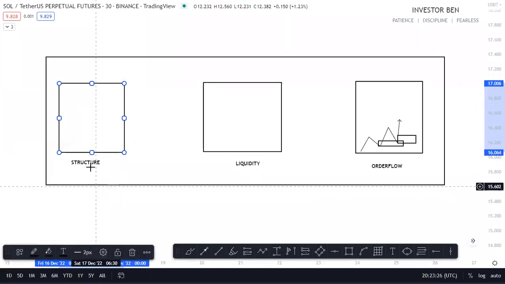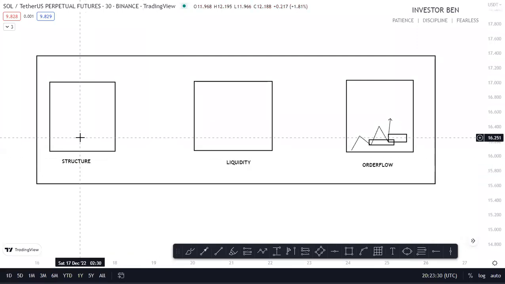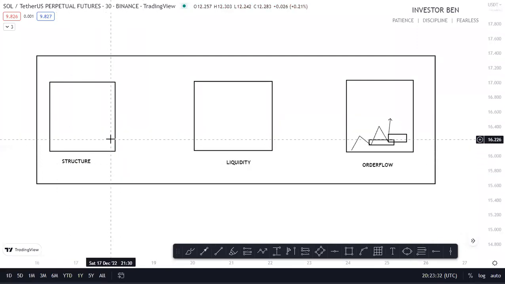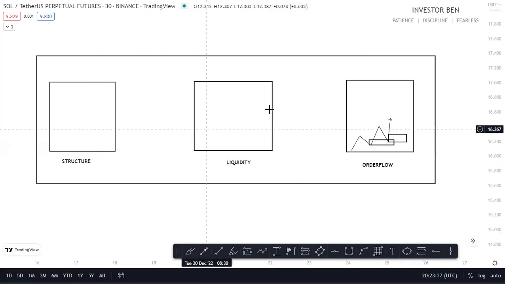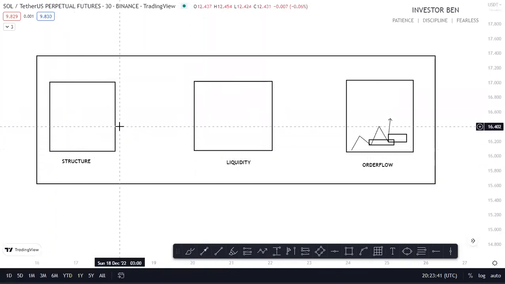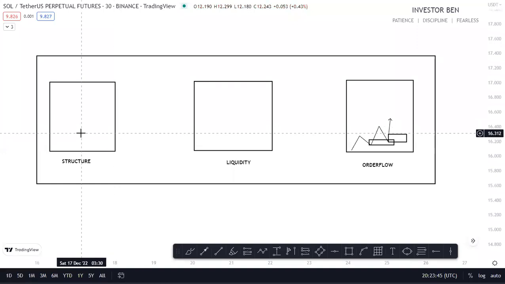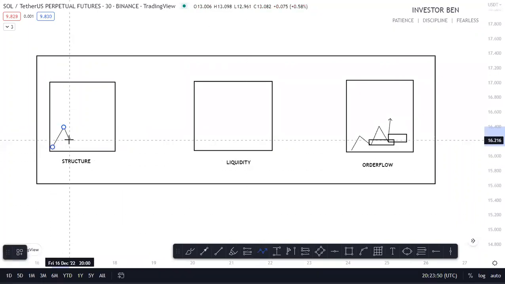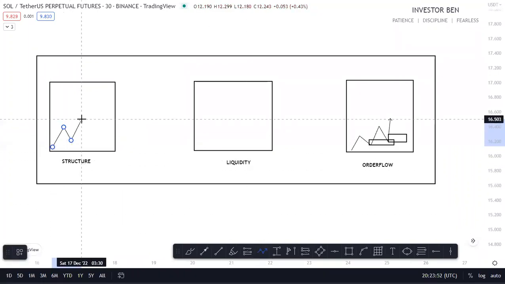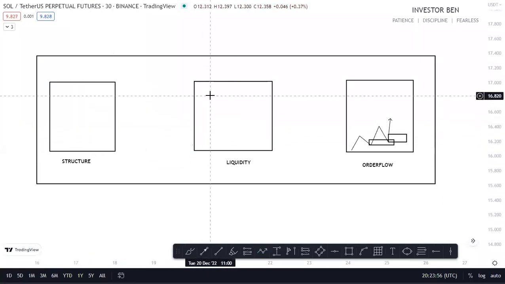When we talk of structure, we are talking about the market structure. You are trying to understand the trend in particular. What kind of trend are you in? Order flow will help you trade that trend. If we are in an uptrend, then you look for possible buy zones, knowing that price must be breaking highs, creating higher highs and higher lows.